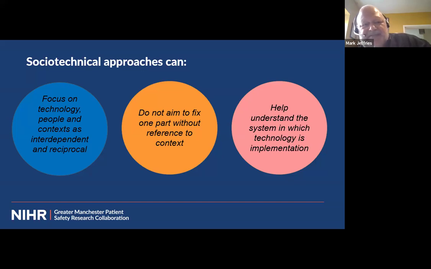In terms of both intervention and implementation, and in our evaluation of that, don't look at a fix of one part without looking at the whole context, as we did with that audit and feedback system, and help understand that technology, the system into which it is implemented, that broader, wider system, the socio-technical systems that you were all coming up with in your breakout rooms. Next slide, please.